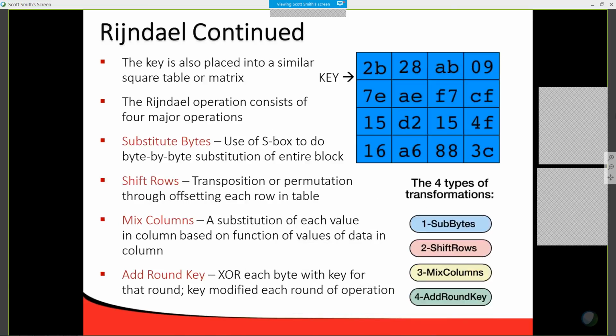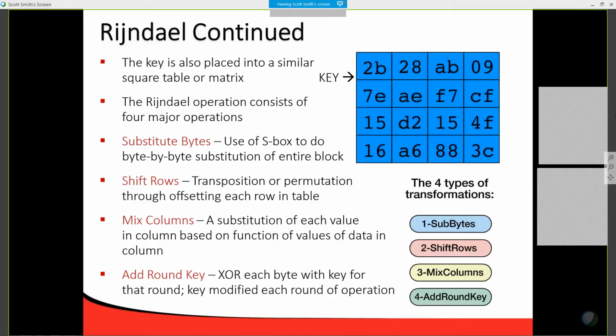Then you have your key, which also happens to be 128 bits in our example. That's our key, all right? Now that key was derived through some other mathematical process that we won't see because we're not going to talk about that. Now there are 4 mathematical operations to AES: substitute the bytes, shift the rows, mix the columns, and then add your round key.